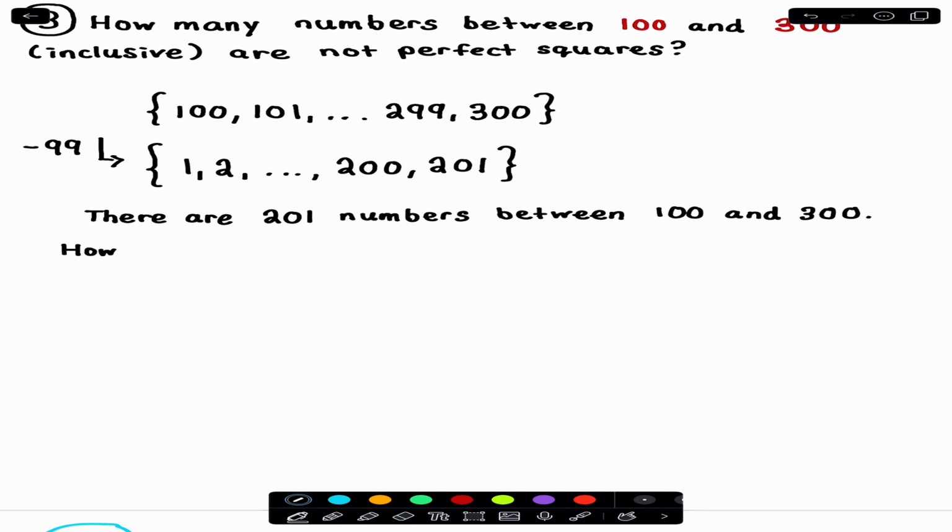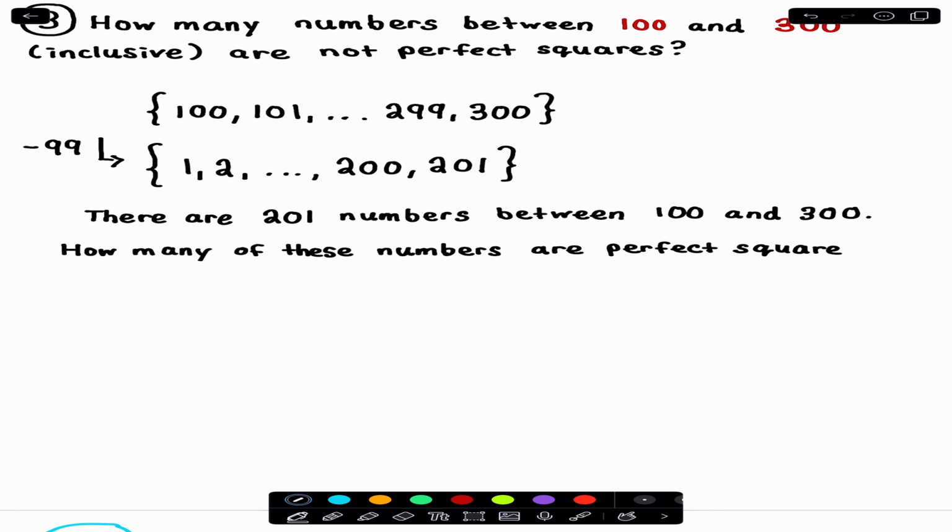So that's the question we're going to ask. How many of these numbers are perfect squares? And the way we're going to do this is just by writing them out.